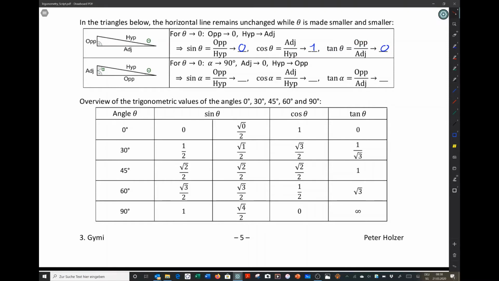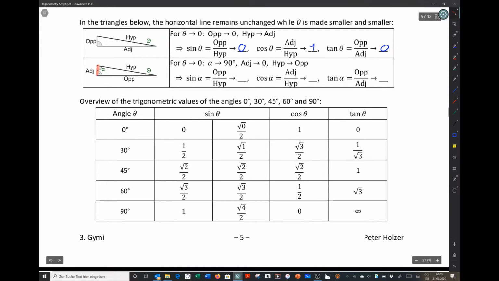Let us use the same triangle to look at the trigonometric values of 90 degrees, and to that goal we look now at this angle, let's call it alpha. And again we let this side go down, so the angle theta becomes smaller and smaller, which means the angle alpha becomes larger and larger until in the end it will be 90 degrees.